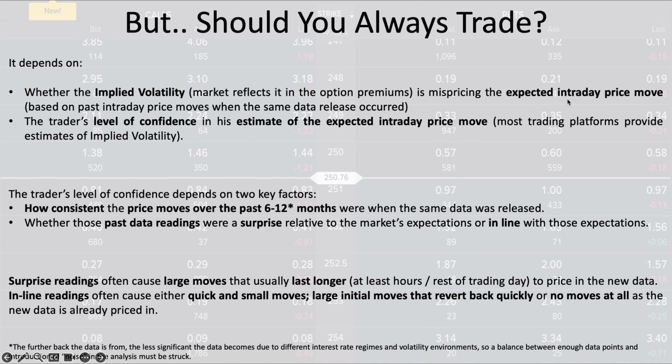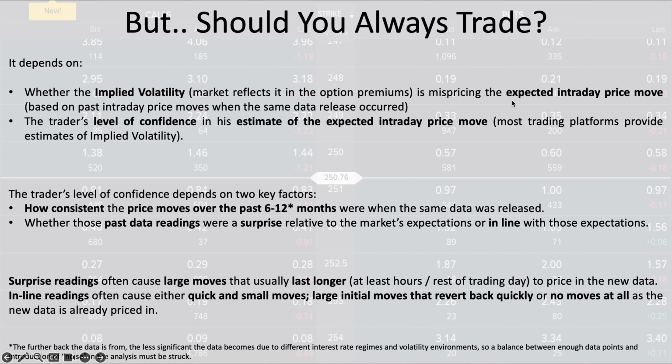And how do you see this expected intraday price move? You just look at what happened in the past when the same kind of data was released. And so based on this difference, and also depending on the level of confidence of your estimate of the expected intraday price move, all right?